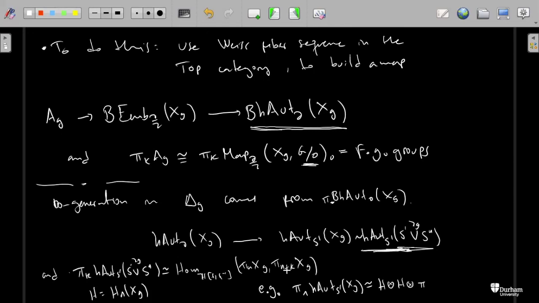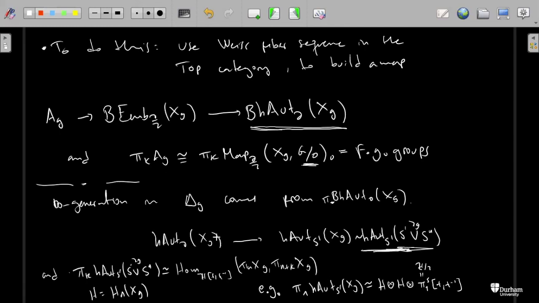If you see here, this would be like pi n plus 1 of Xg, but Xg has this decomposition, so the first stem is going to appear here. So pi 1s, and then you propagate that with that circle. And this group here is actually Z mod 2, right? So in these degrees, the Z mod 2s in fact come from this factor.